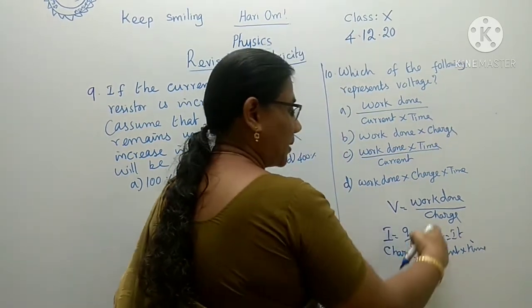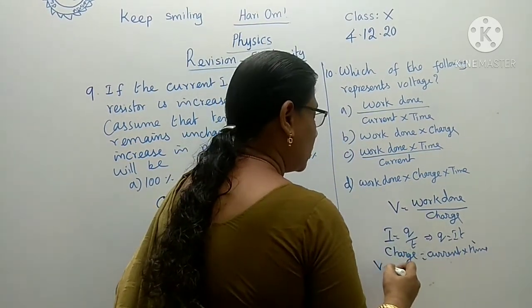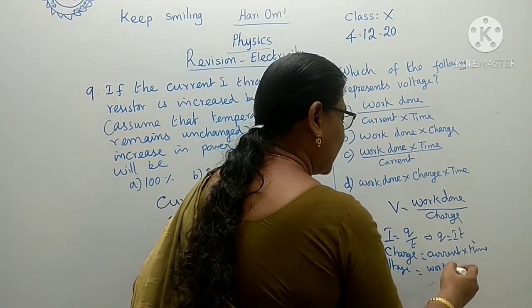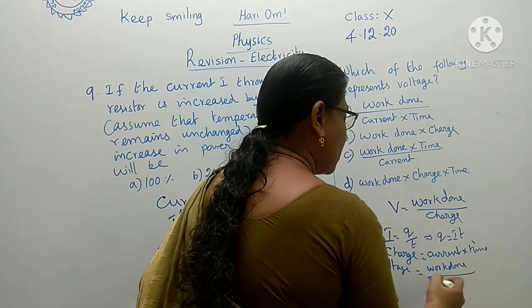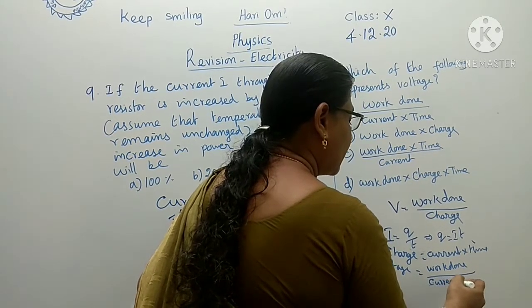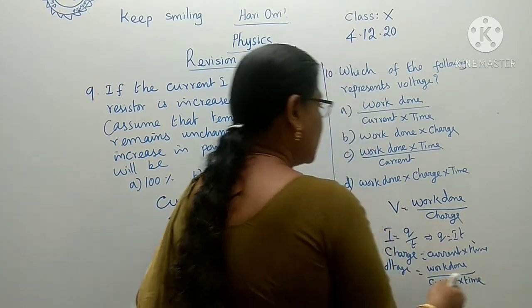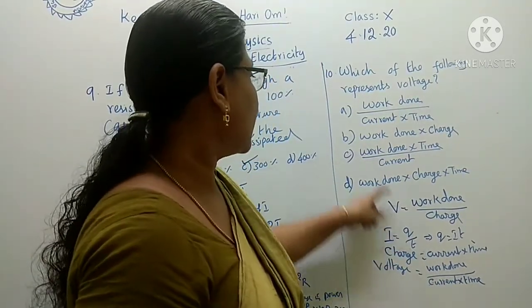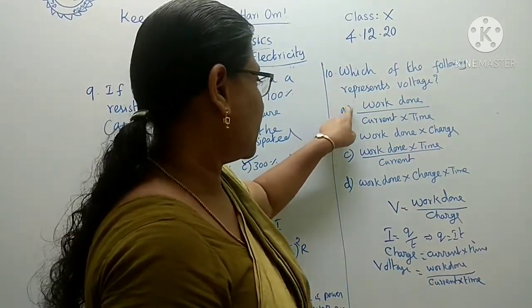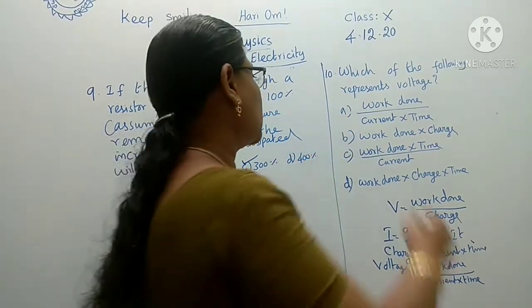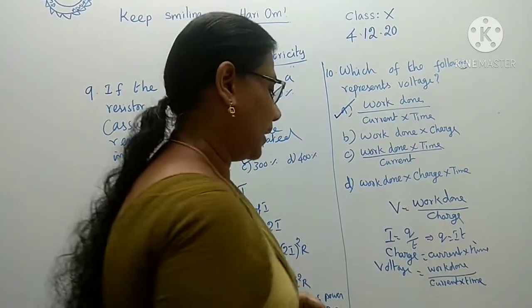So we can substitute here. Voltage is equal to work done by current into time. Is this equation there in the given options? Yes, the first option is work done by current into time. So option A is correct.